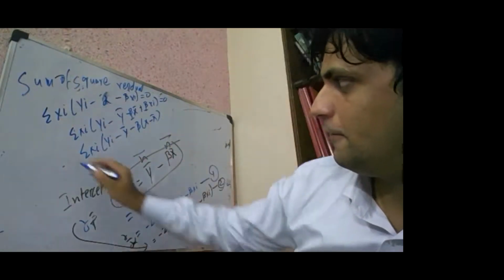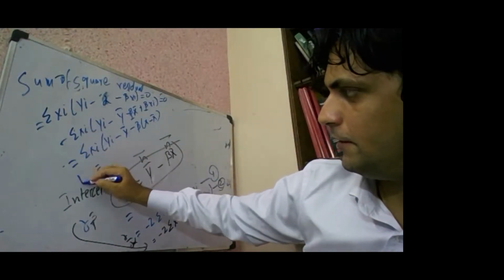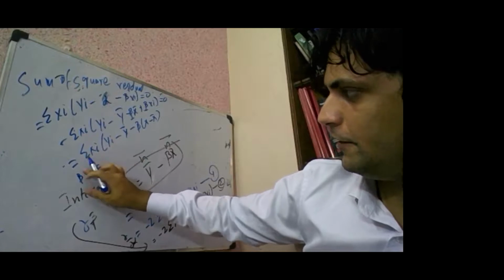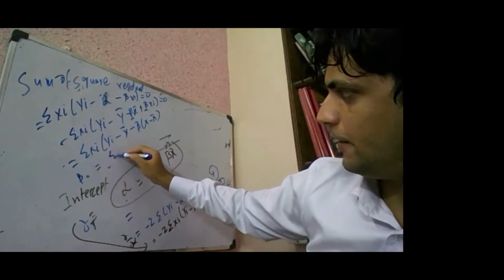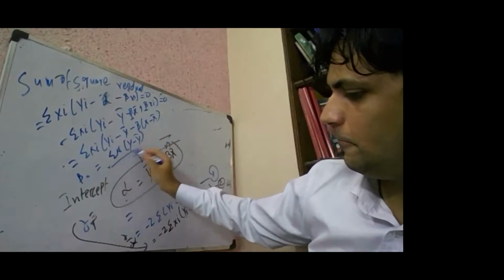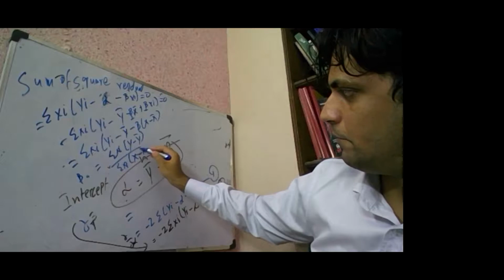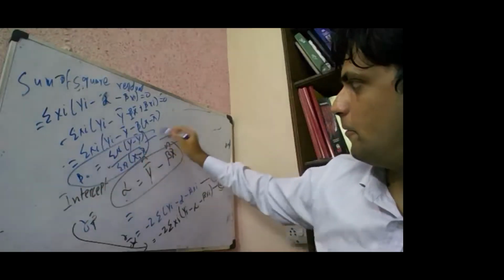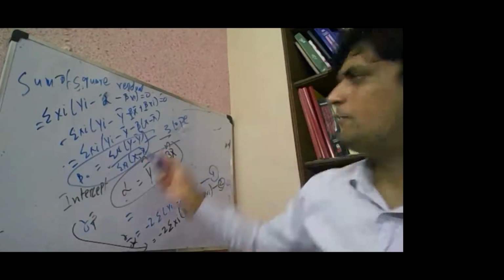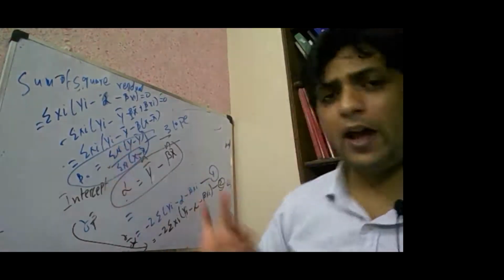So we can get beta, or beta equals sum of xi, when we solve it, you will get it, or sum of xi x minus x bar. So that's our slope. We can further solve it, but for now this is really important, because now you have all the data.